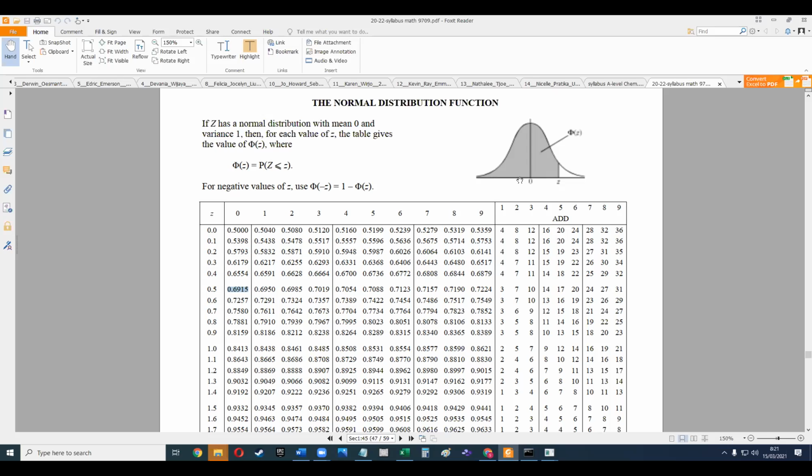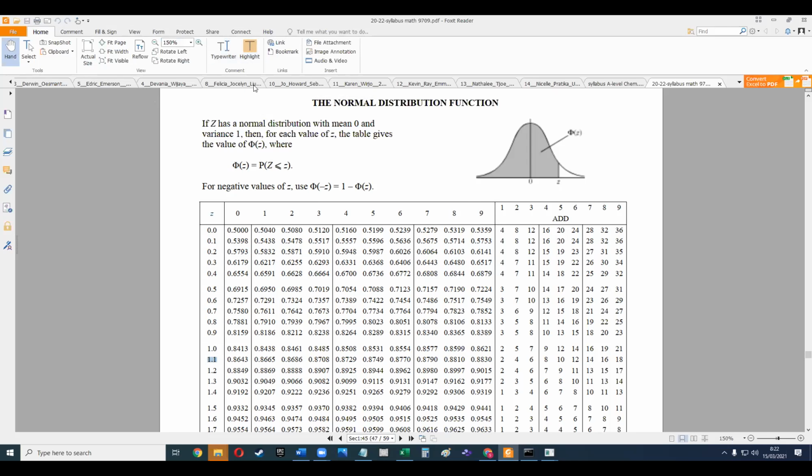First, we need to find the z to find the whole number and the first decimal point. For 1.133, we're going to see 1.1 first. So this is the first value here. So here, 1.13.